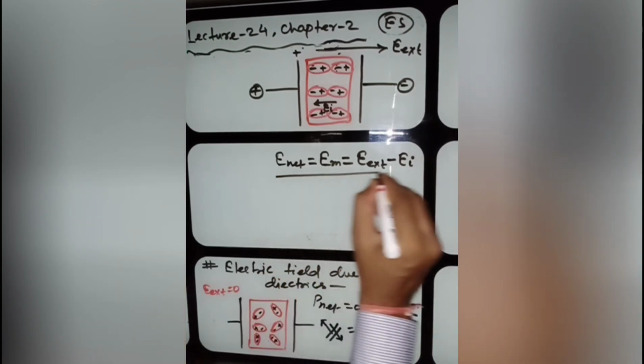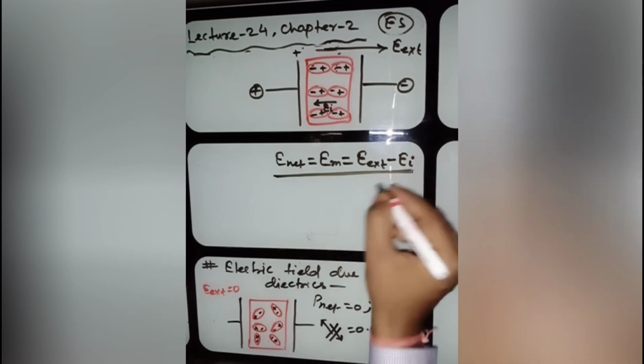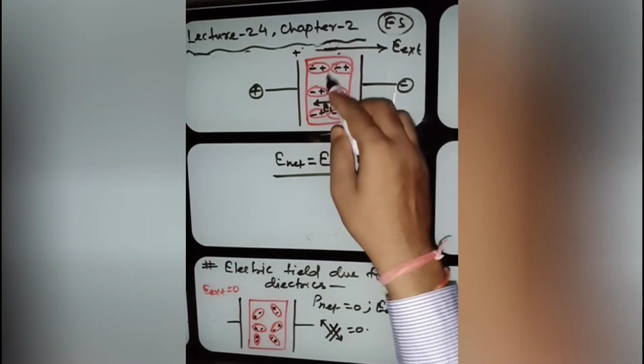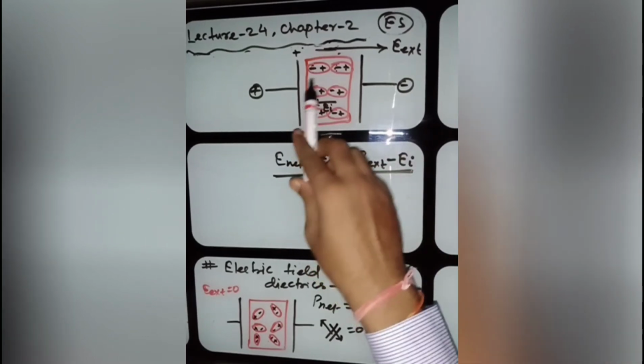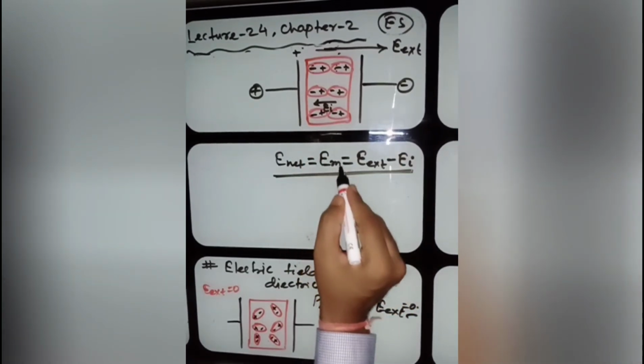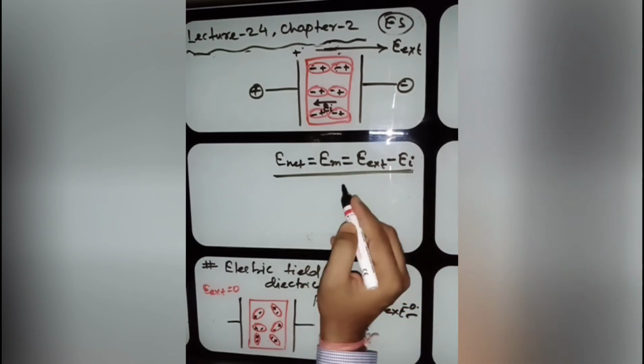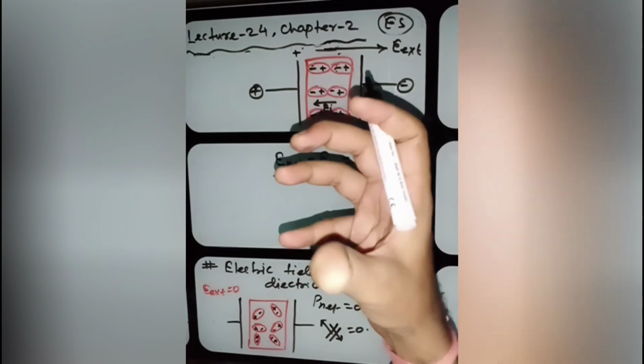So this will be the net electric field due to this dielectric slab, and the electric field is reduced.